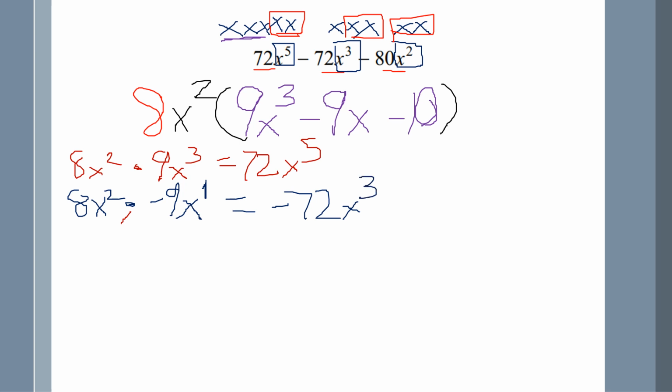Again, every x you see by itself has an exponent of 1, or a power of 1. Power and exponent mean the same thing. All right, let me erase this right here. And 8x squared times negative 10 equals negative 80x squared.